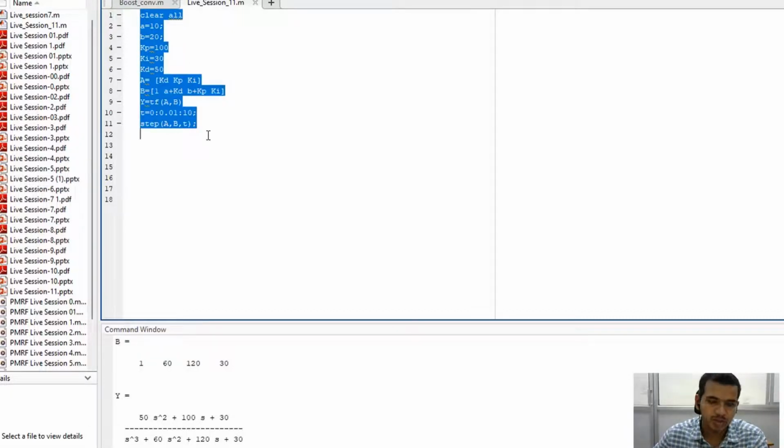Note down this code in your copy and try it yourself.